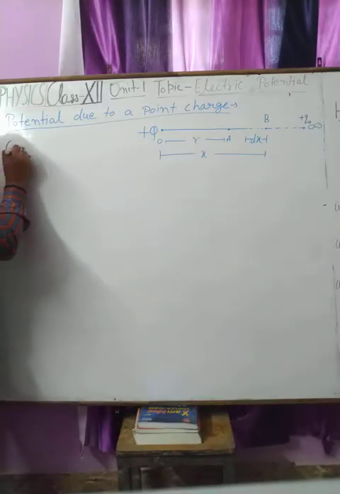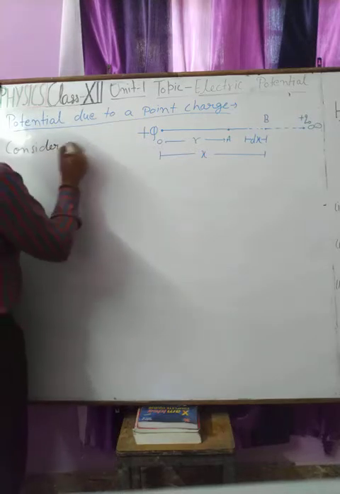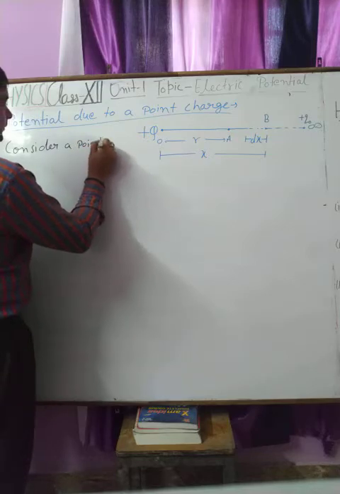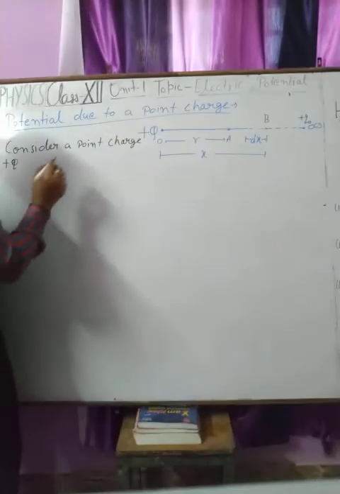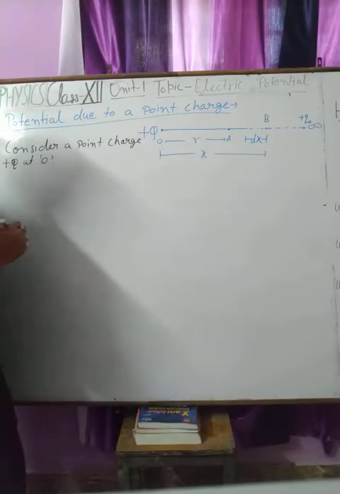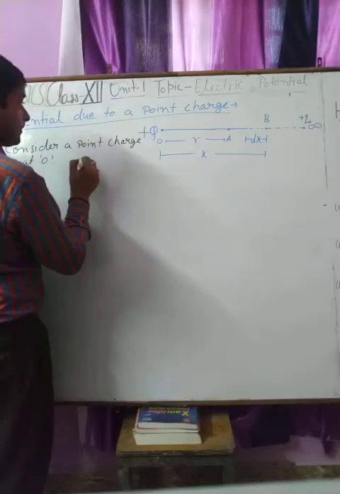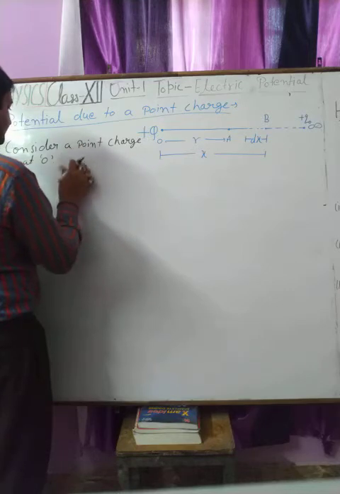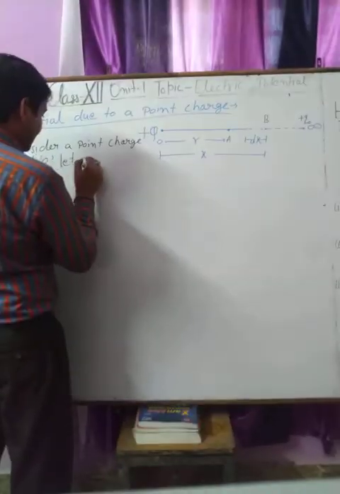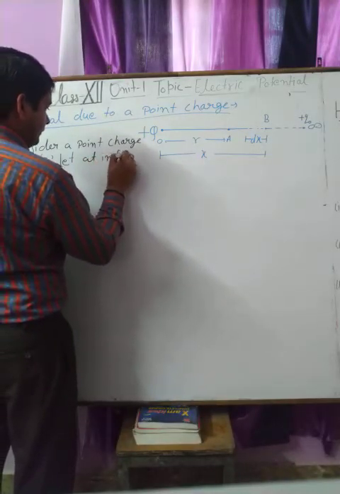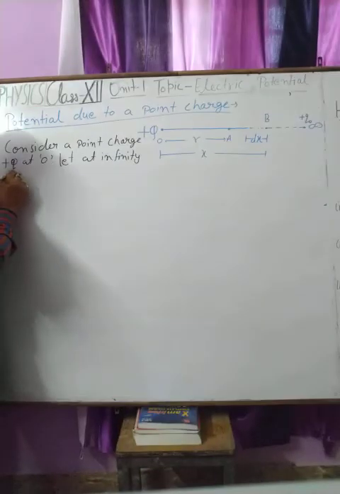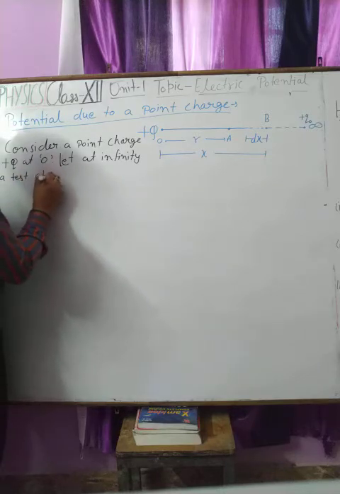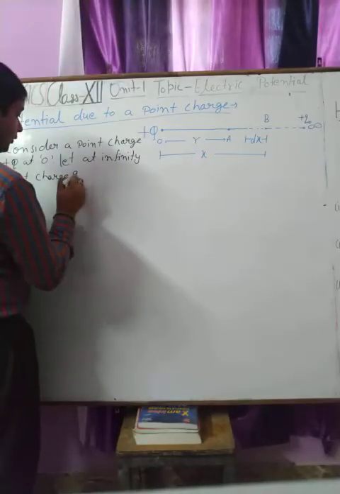Okay, therefore consider a point charge plus Q at O. At infinity a test charge Q naught is kept.